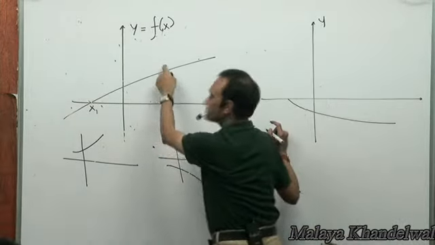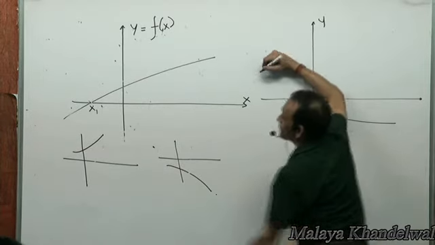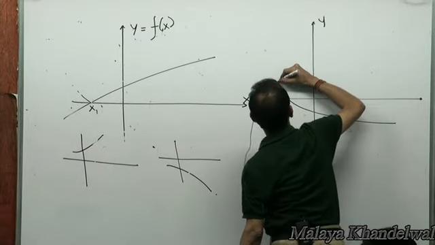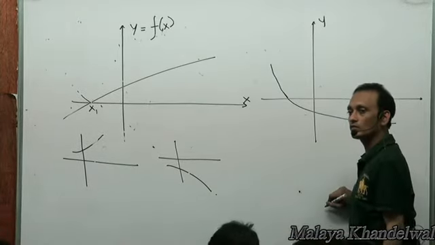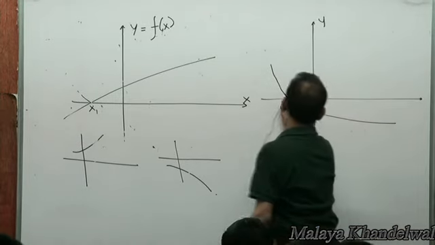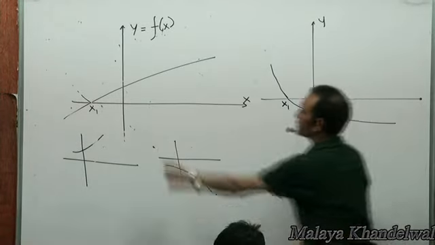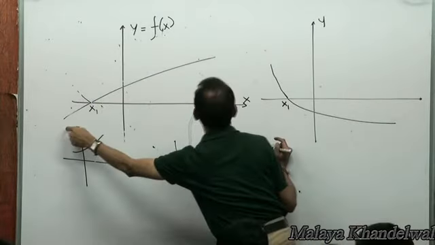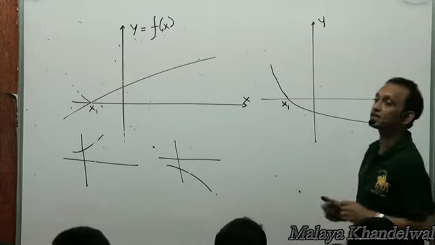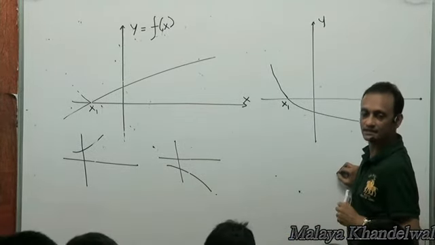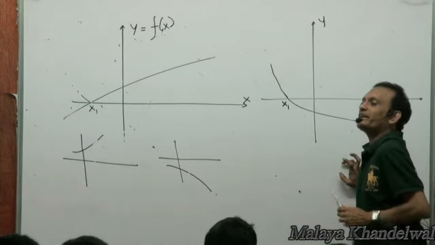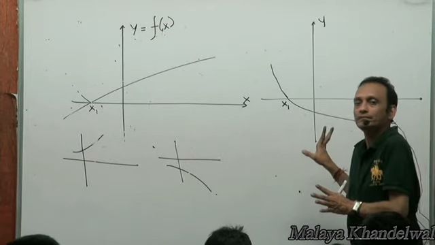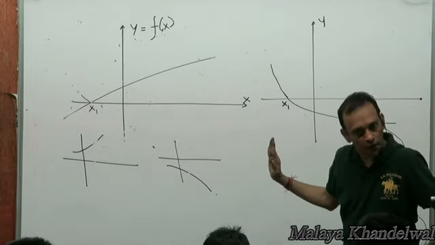The mirror image of this, and then the mirror image of this, which is this. This is x equal to x1. The mirror image of the positive part about the x-axis is this. The mirror image of the negative part about the x-axis is this. This then is the graph of y equal to minus f(x). Reflect the entire graph about the x-axis, and you get the graph of y equal to minus f(x). No confusion on this, right?